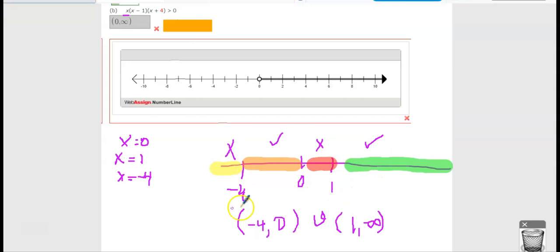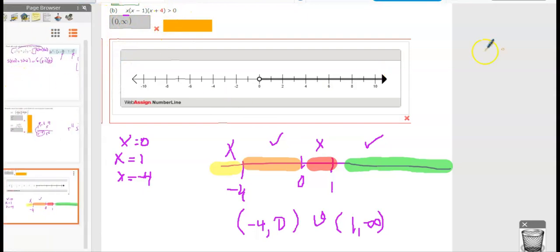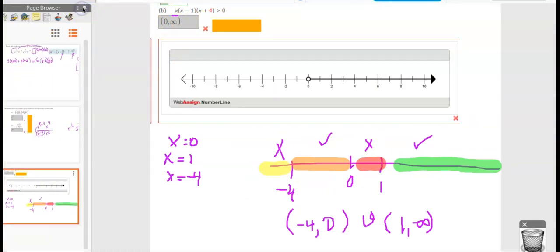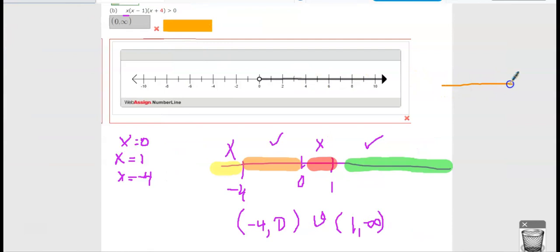Now that's one way to do it. The other way you can do it, by the way, just quickly, is to actually graph this. I'm not sure how fast you are with graphing, but you know it's a cubic function. Like that's x, x, x, it's a cubic function, and it's positive, so you know it goes like this. And again, at -4, 0, and 1.